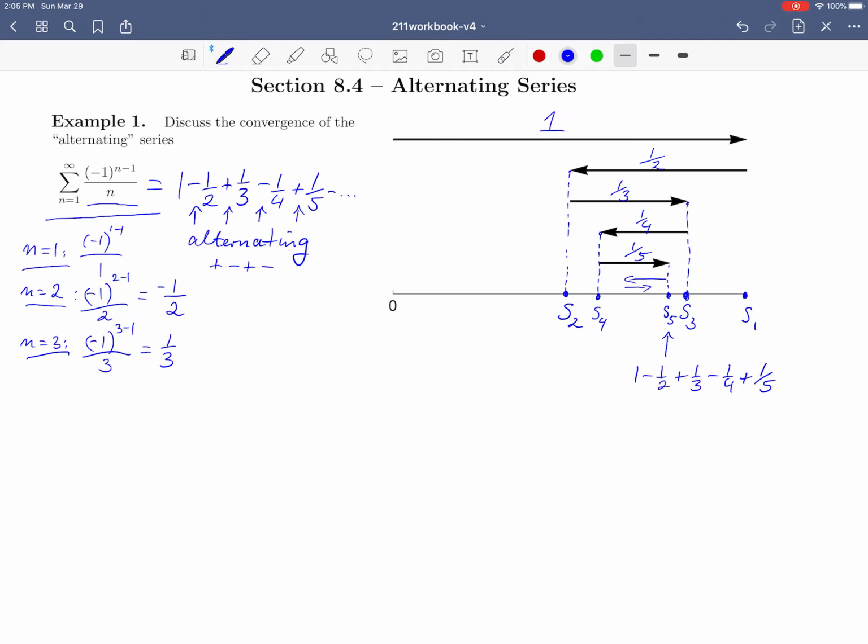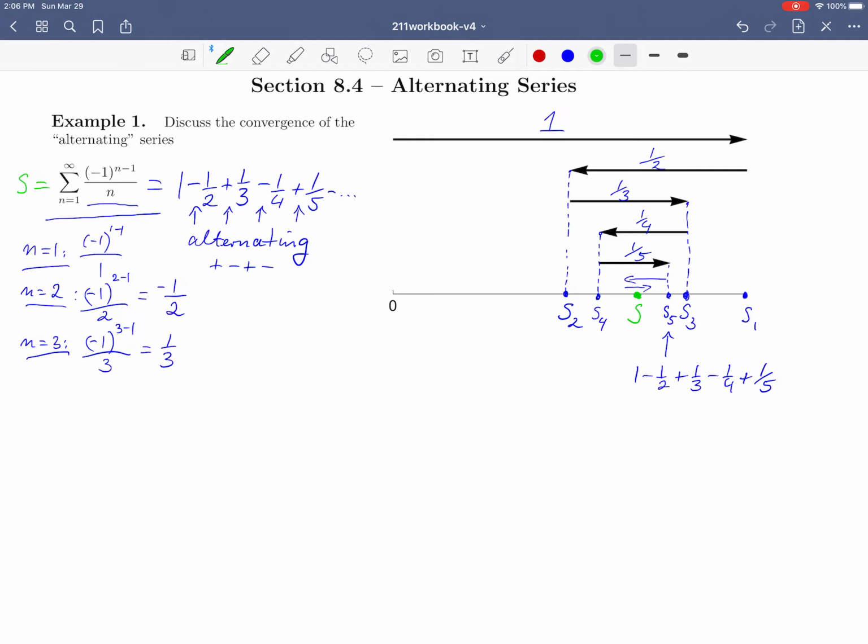Now, if we subtracted 1/6, we would go in the other direction again, and then we would add 1/7, and we'd go back and forth and back and forth. If you just continue this thought experiment, where would we end up? It's a little bit hard to say exactly, but somewhere in here.